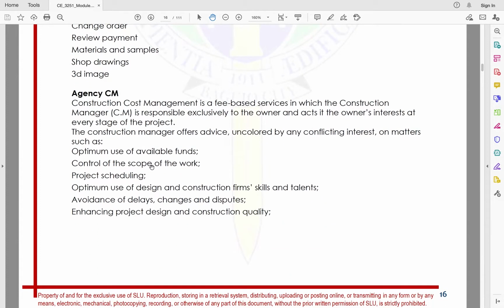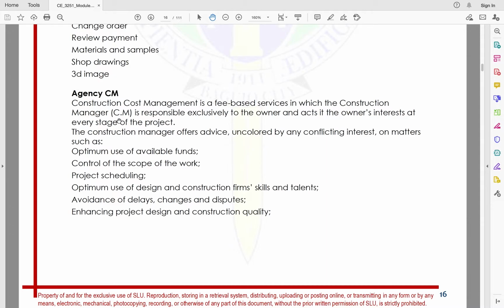Now for the agency of the construction management, construction cost management is a fee-based service in which the construction manager or the CM is responsible exclusively to the owner and acts in the owner's interest at every stage of the project. So you are on the side of the client.